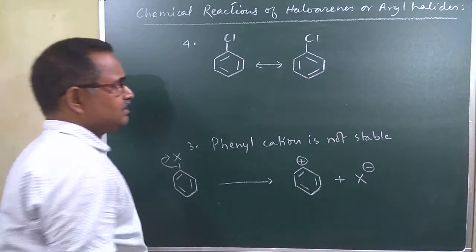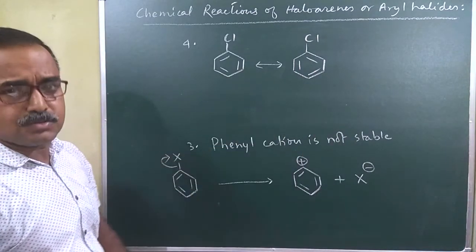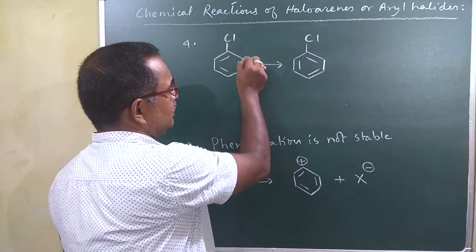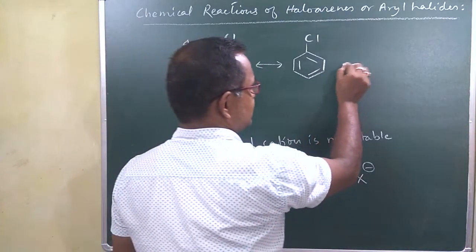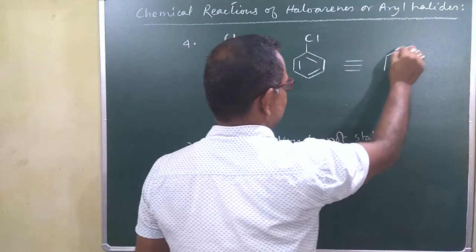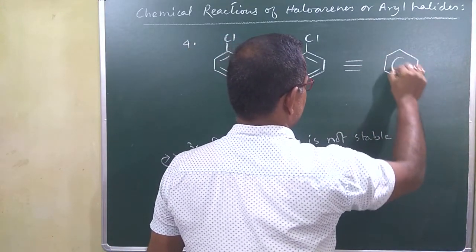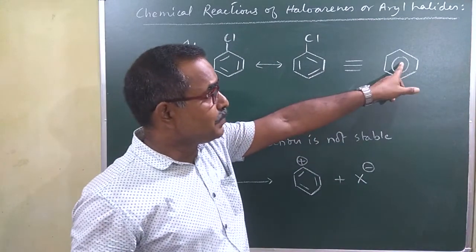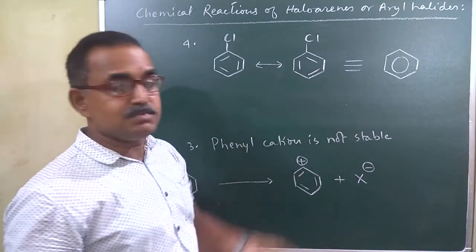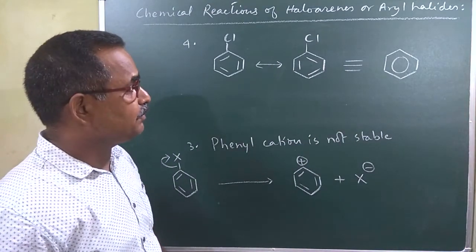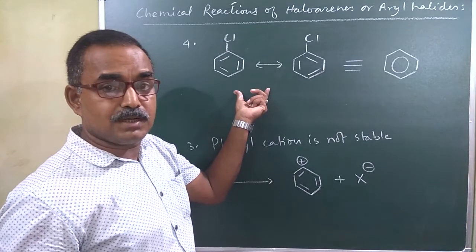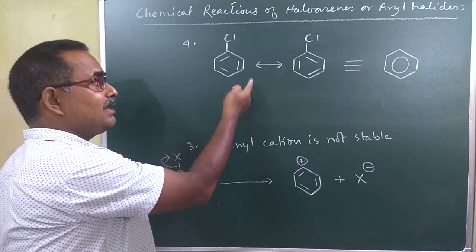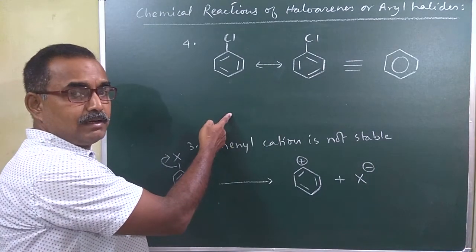For chlorobenzene, we may draw these 2 structures. What does it mean? Over the molecular plane, there exists a loosely held pi electron cloud. As a result of this pi electron cloud, the species becomes electron rich. Aromatic systems are usually electron rich. Being electron rich, it will repel the incoming nucleophile.